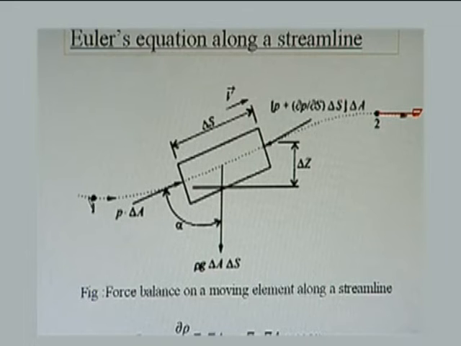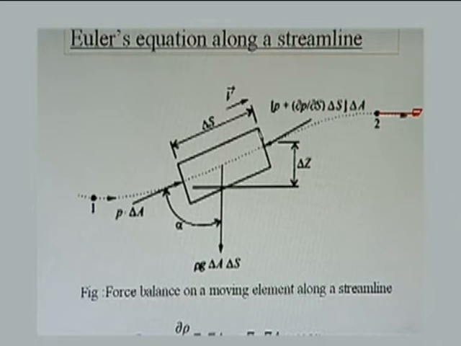So a fluid particle is taking this path. A fluid element which is moving here is enclosed here with the help of this control volume. We have defined this control volume of size delta s in this direction.